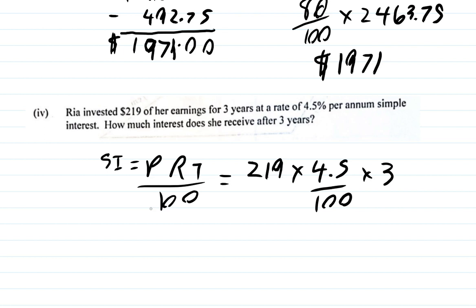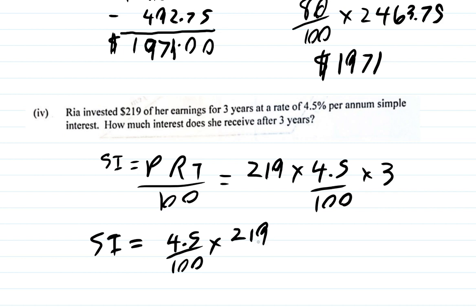It's the same thing. So remember, just as a reminder where this comes from, the interest for 1 year is 4.5% of 219 of the principal.